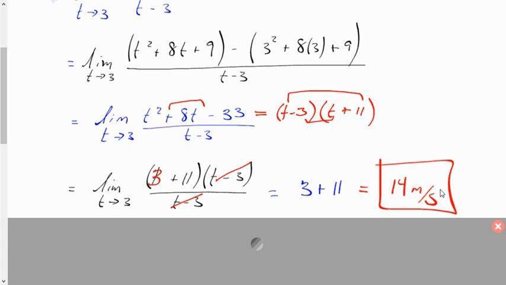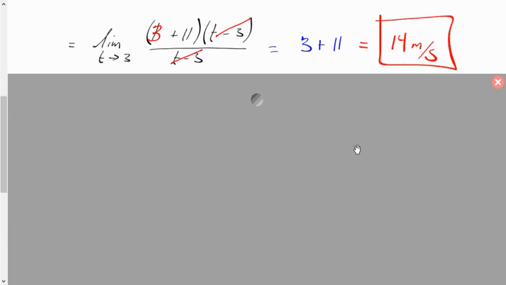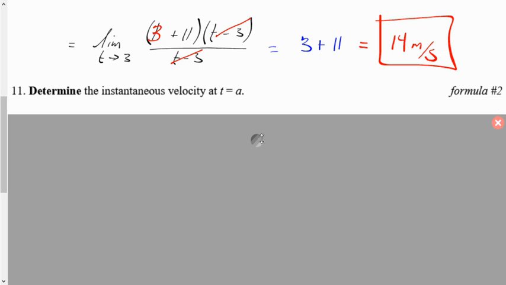Finally, question number 11. Now we want to find a formula for the instantaneous velocity, and this time I've encouraged you to use formula 2. Here we go.